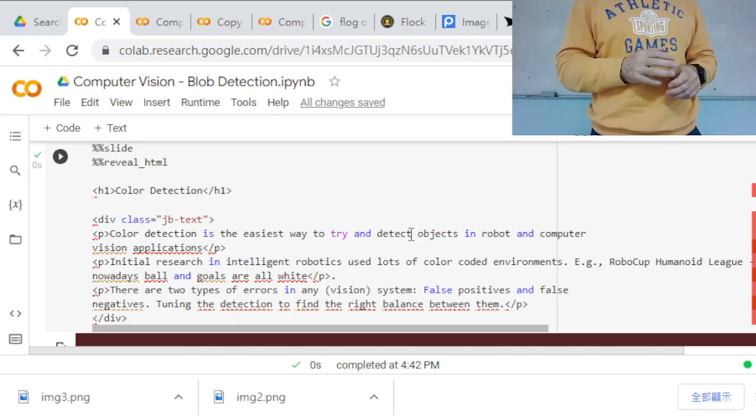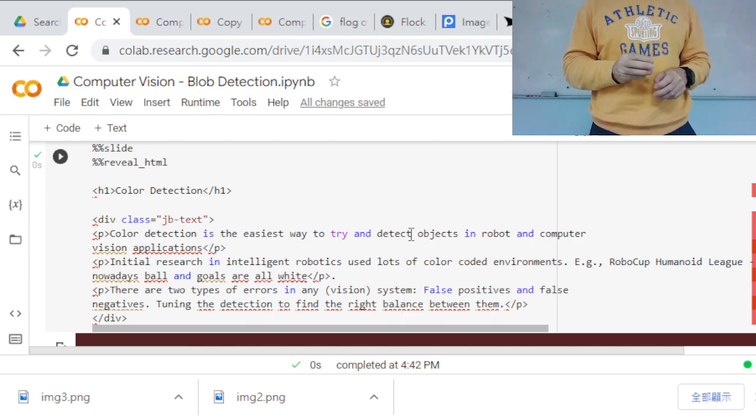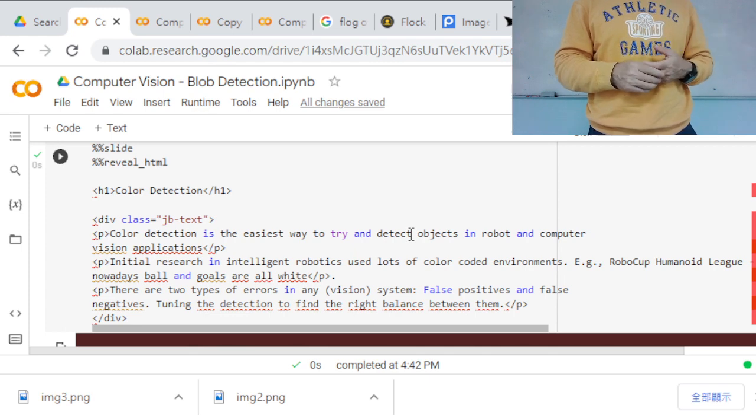If your accuracy is 70%, then you basically missed one of those already.